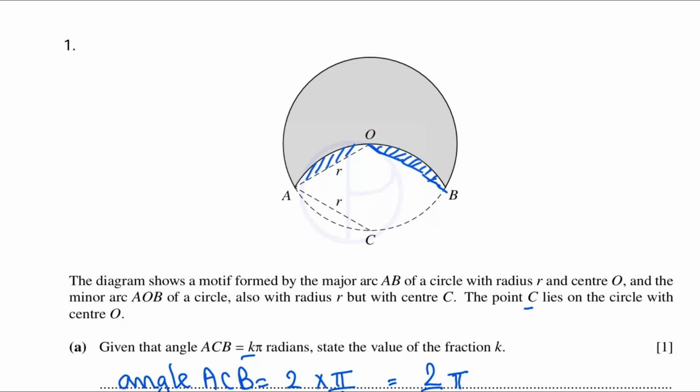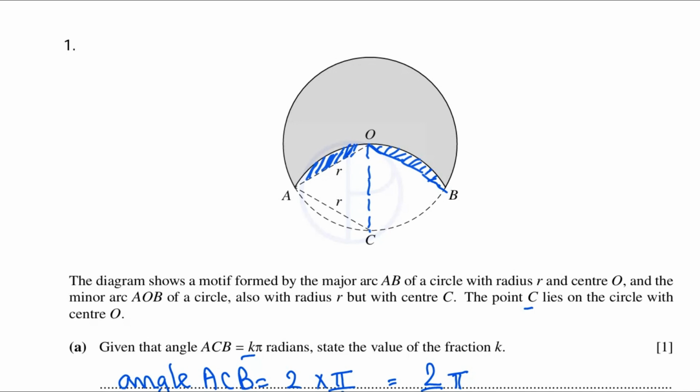Let's find the segments' area. Now let's consider the segment, this part. Let's join this line, and this is also R, we know that. So now consider this ACO.